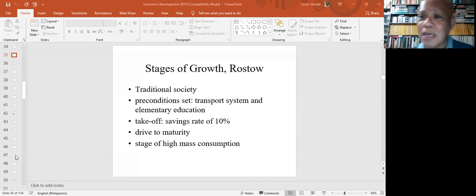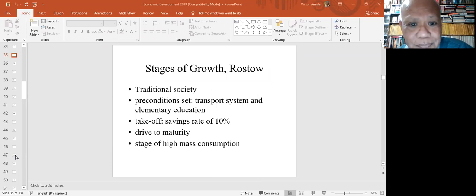What makes developed countries different was that this high level of consumption was enjoyed by the mass of the population, by the majority of the population. And this is the stages of growth definition of a developed economy: an economy that has attained high mass consumption.